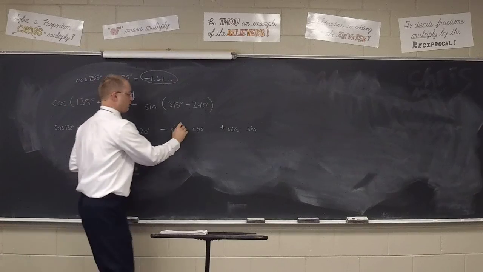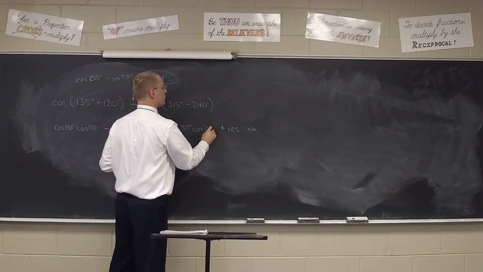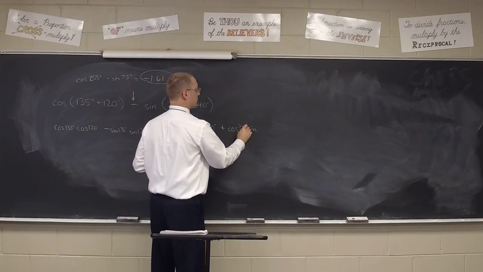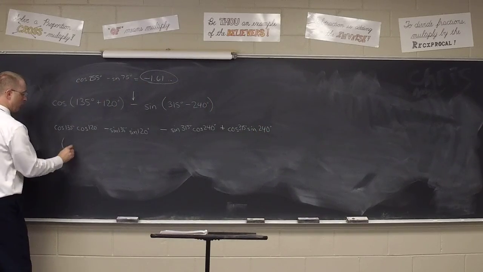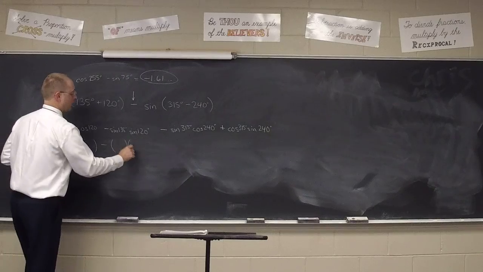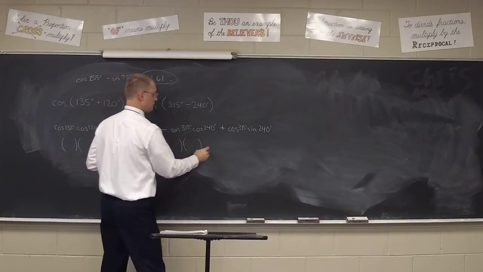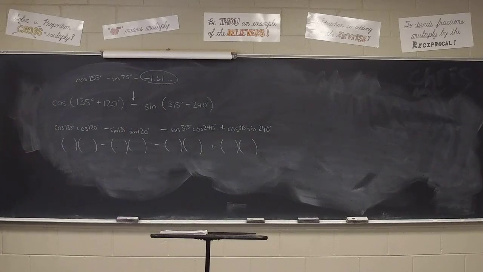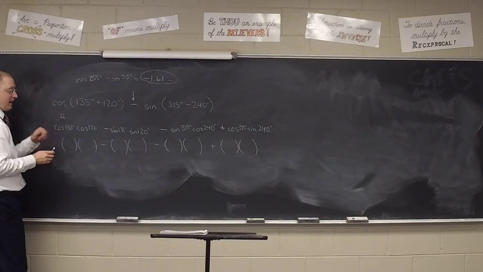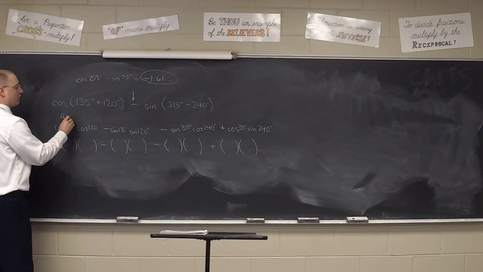Yes. And we drop in our angles: 315, 240, 315, 240. And so we're going to have a whole bunch of small products here to multiply. Bunch of annoying stuff. All right. And for every one of these, we have to think through reference angle and quadrant. Well, let's start with quadrant. 135? Quadrant 2. Reference angle? 45.